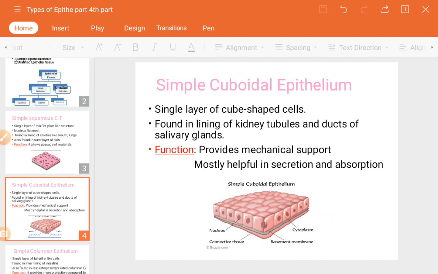The kidney function is to remove waste materials, and whatever essential materials are there, while excreting they are absorbed, okay. They have the capability to absorb and reabsorb. So this is the function of the simple cuboidal epithelium tissue.